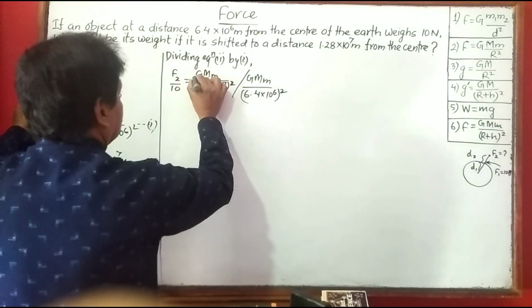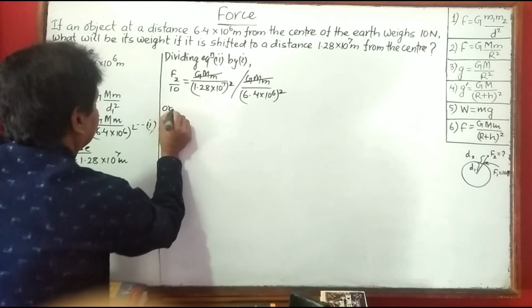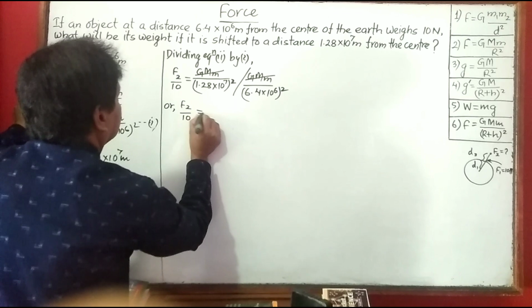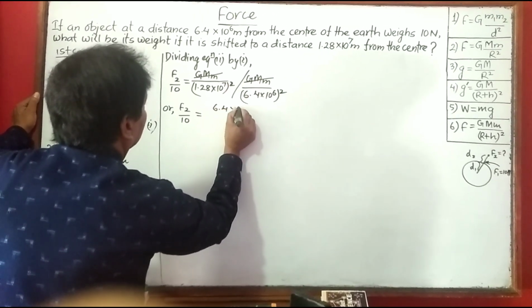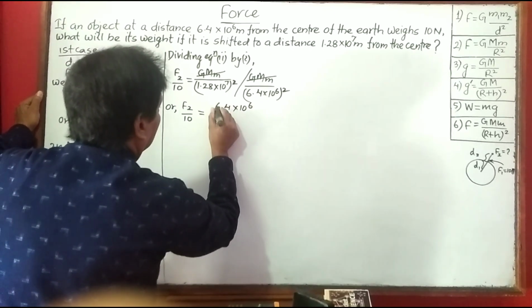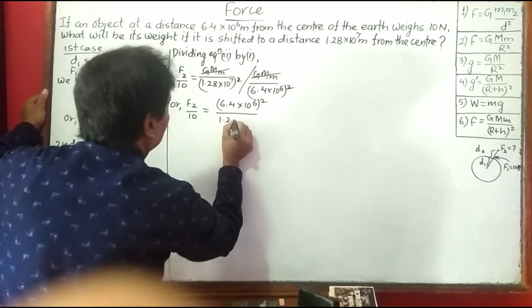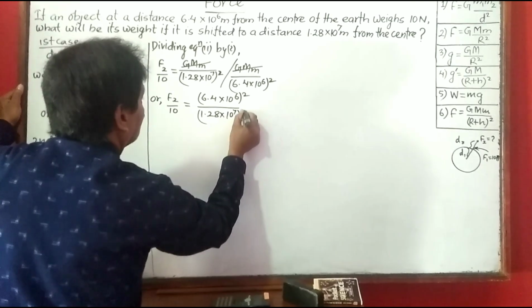Now the capital G, M, m cancel each other. Now what is left? F2 by 10 is equal to, this goes up, (6.4 × 10^6) square upon (1.28 × 10^7) square.